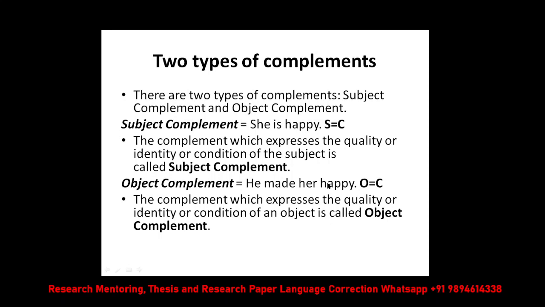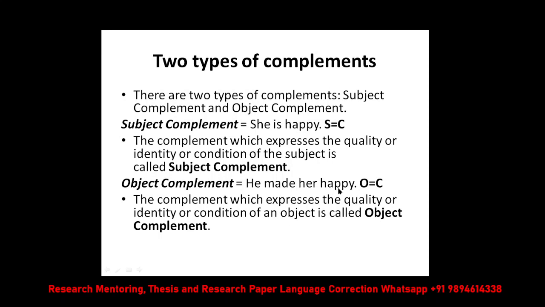He made her happy. What made her happy? He made her happy. Here, happy comes after her. It's called the object complement. If you clearly define it, the complement which expresses the quality or identity or condition of an object is called the object complement.